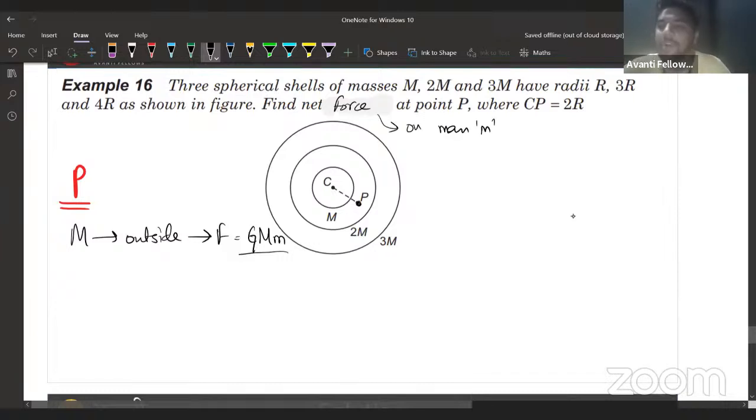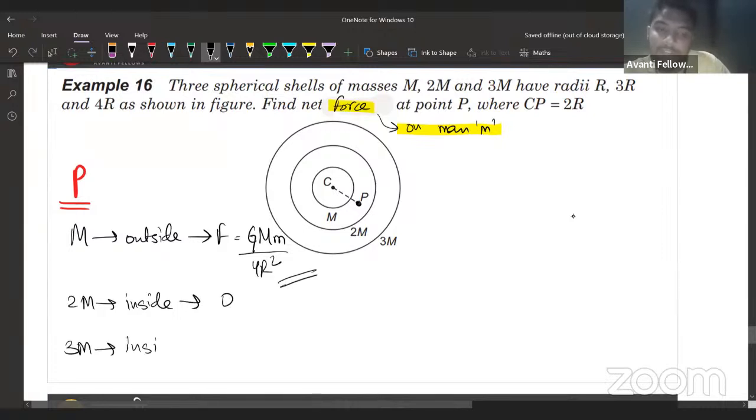What is the distance between them? Cp square. Cp is 2r, so that is 4r square. For the next mass, the point resides inside, so the force will be 0. For 3m, yet again that point is inside, again 0. So total force will be equal to G M small m by 4r square.